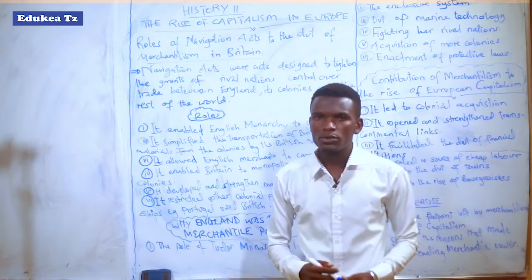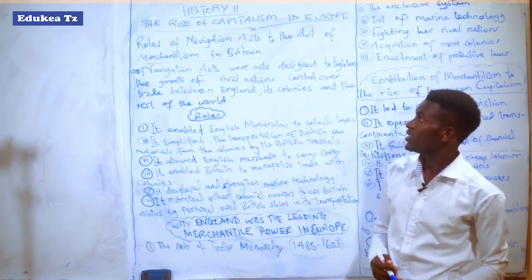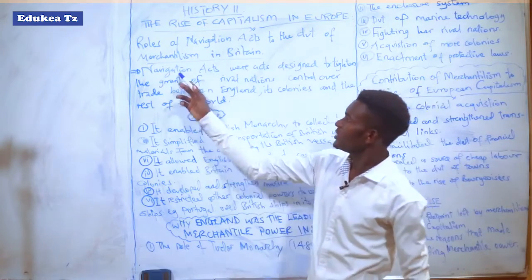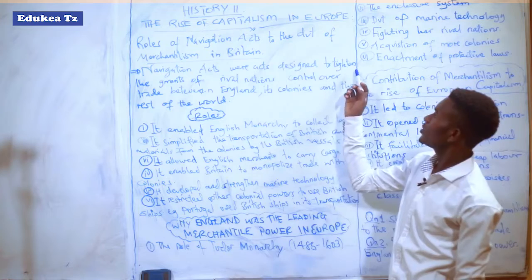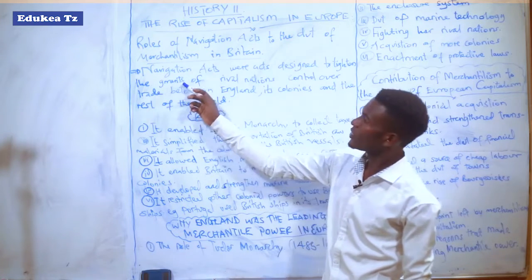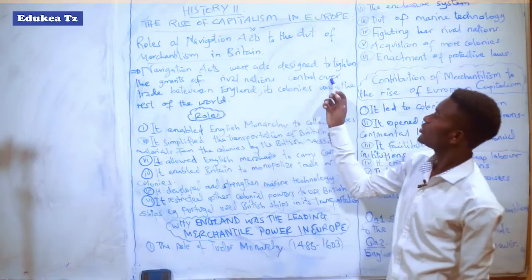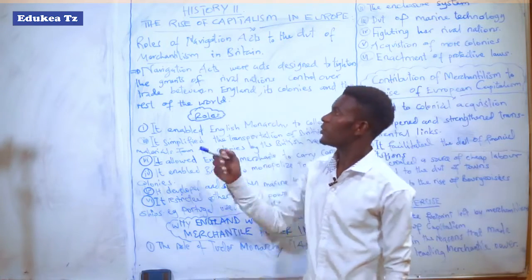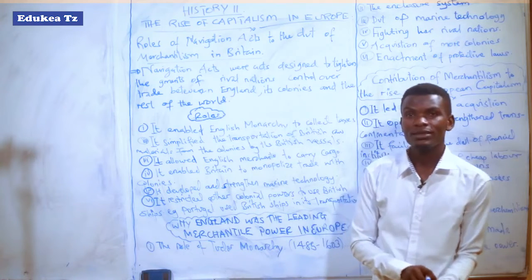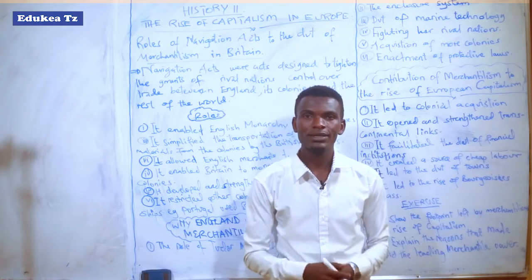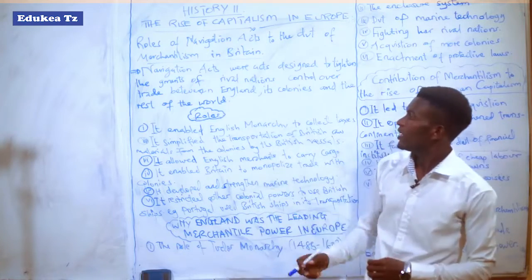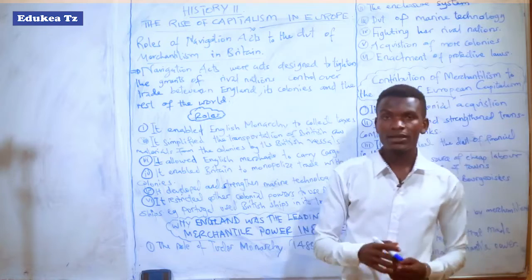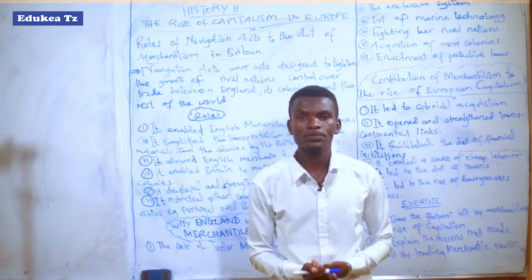First of all, before looking at the role of the Navigation Acts, let us know their definition. Navigation Acts were acts designed by the English government to tighten control over trade between England, its colonies, and the rest of the world, against rival nations.